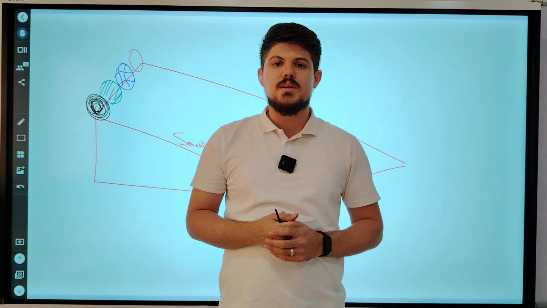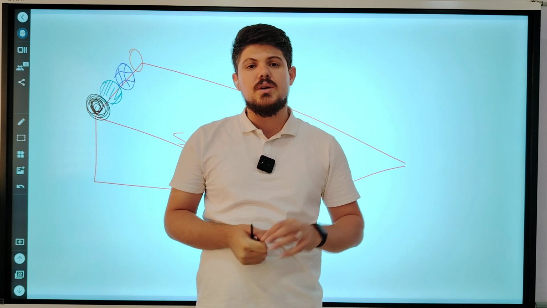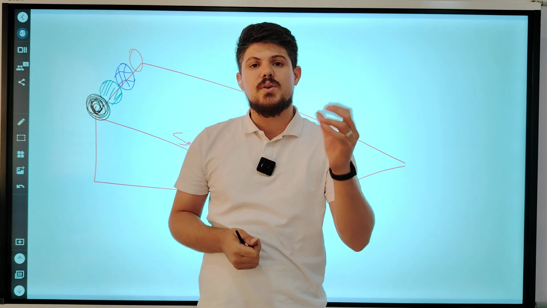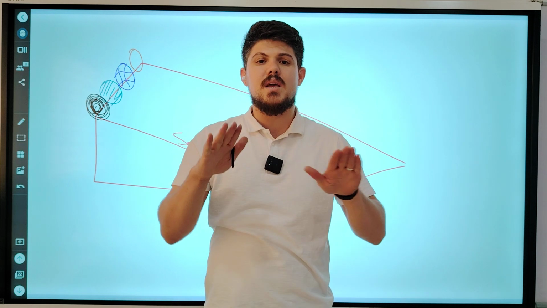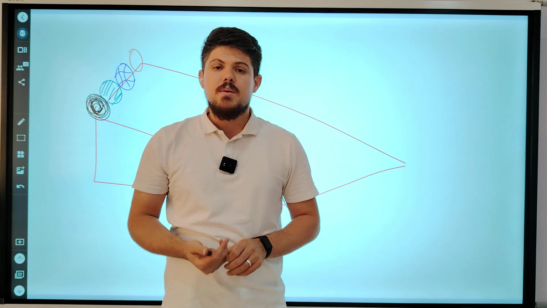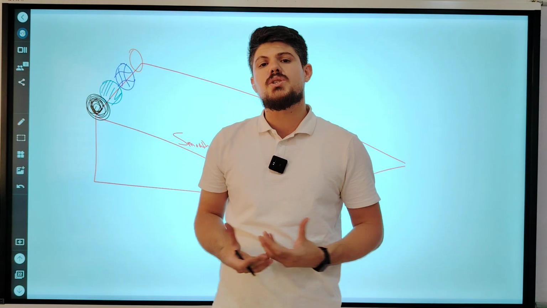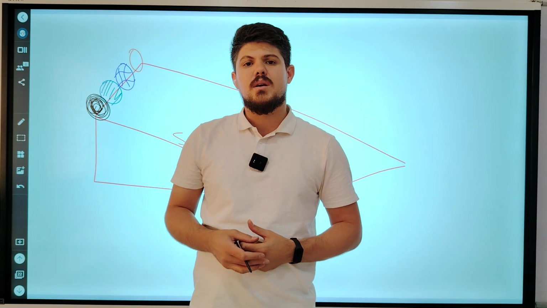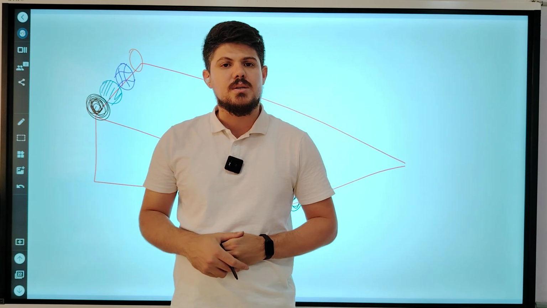The answer is, you have to say both the bowling ball and the feather, in the absence of air resistance, will land at the same time, exactly at the same rate. Why? Because gravity is the same for all objects, regardless of their mass and shapes.